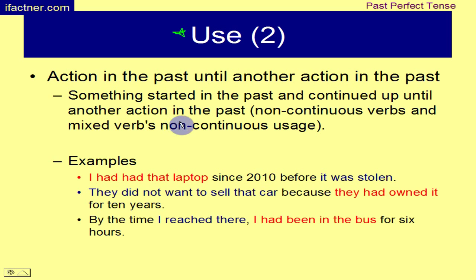And we use past perfect tense for non-continuous verbs and mixed verbs, non-continuous usage. So we do not use past perfect tense for every verb. In this scenario, we only use it for non-continuous verbs and mixed verbs.